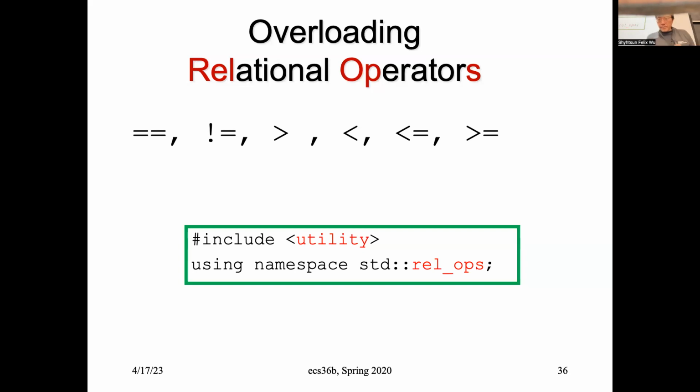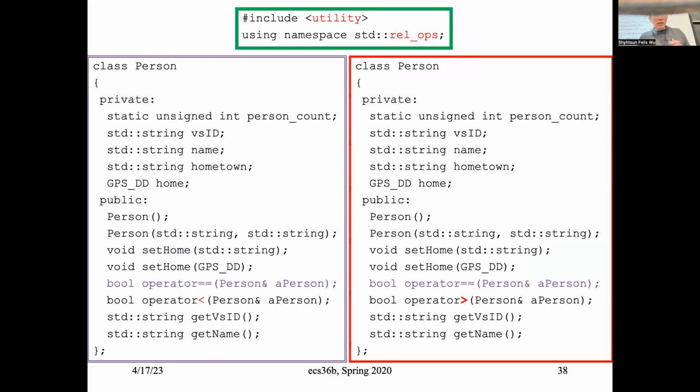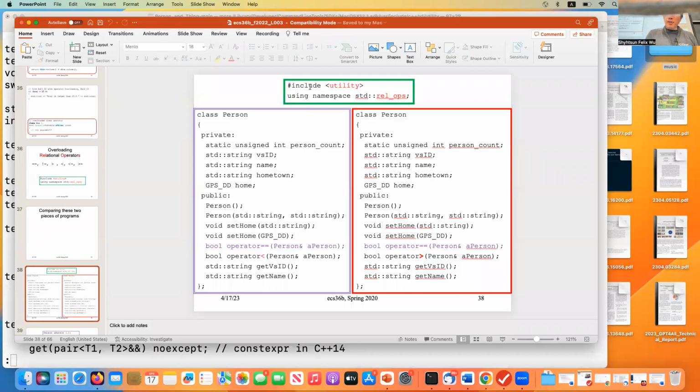Okay, so I'm actually going to compare 2 pieces of program for you. This is a bit tricky, but I want you to take a look. So I have 2 class person. They're almost identical. I want you to look at what's the difference between left and right. Just hold on 1 second. I just want to tell you that before this code, I have include utility, and using namespace std, rel_ops. These 2 lines must be included for you to use operator overloading.